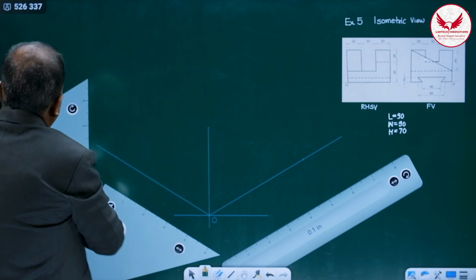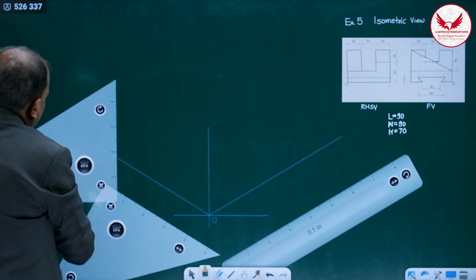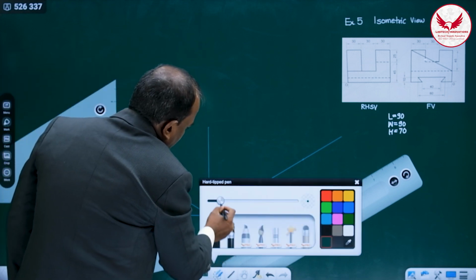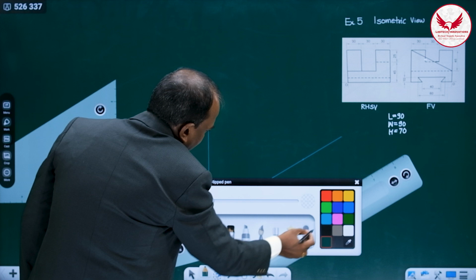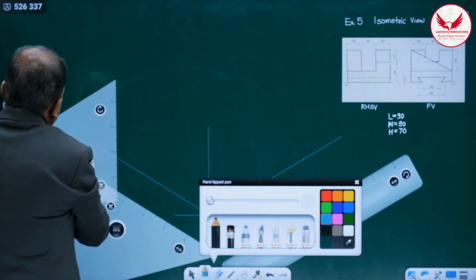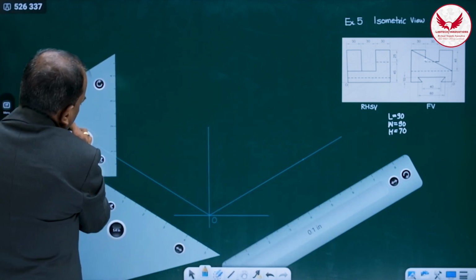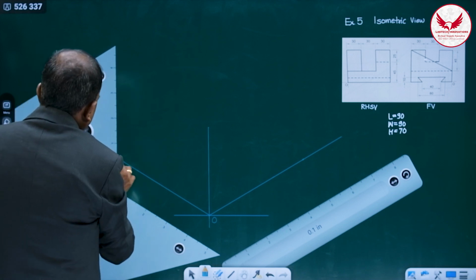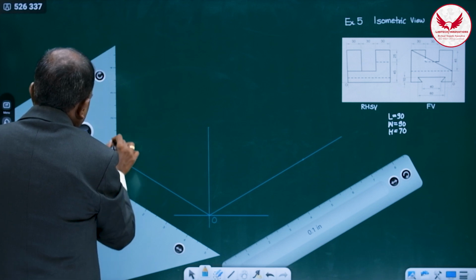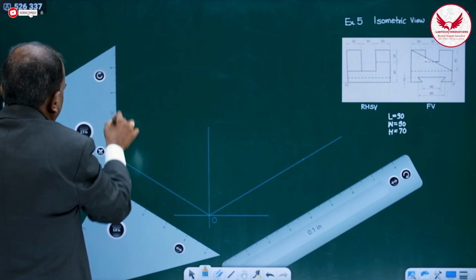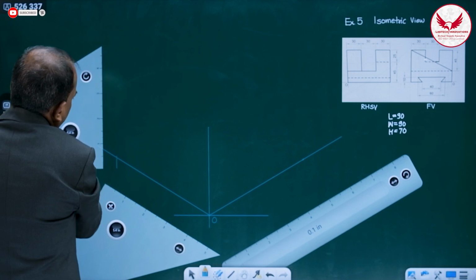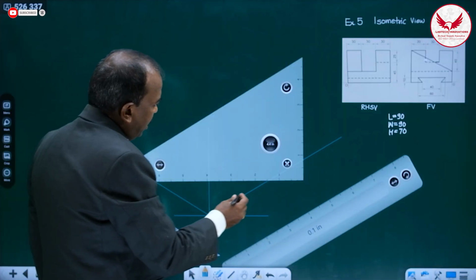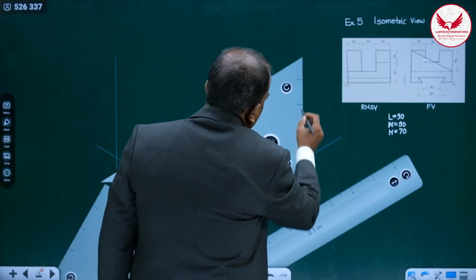And then whatever 90 mm length and width we have marked, from there mark the vertical lines.